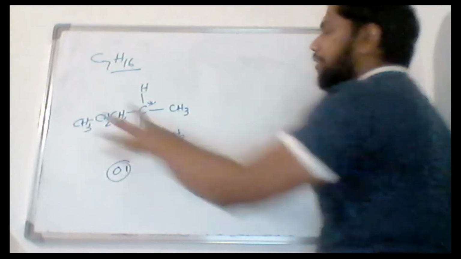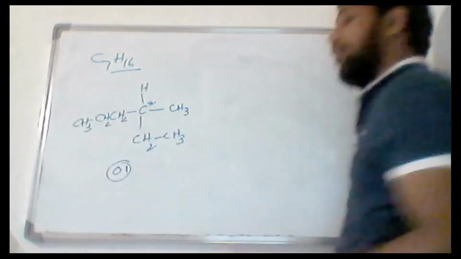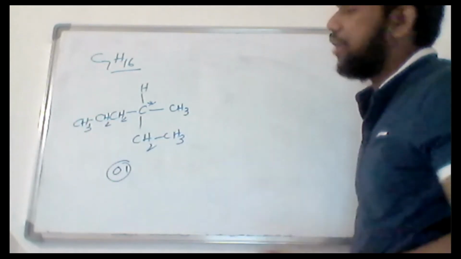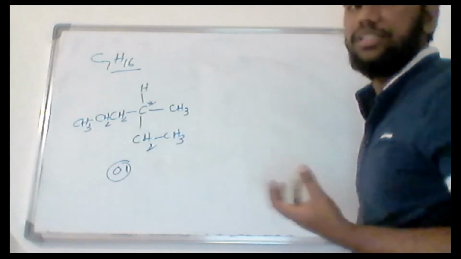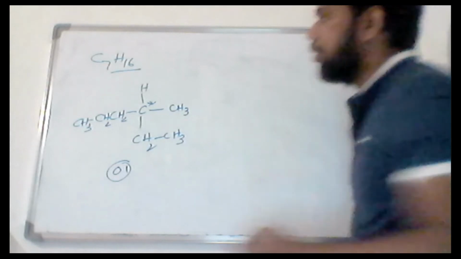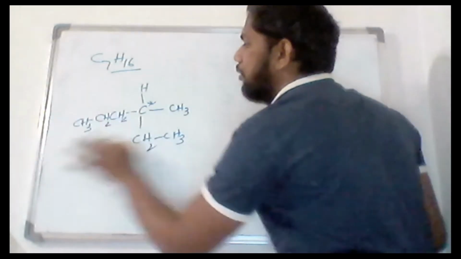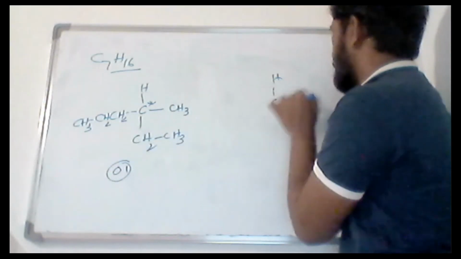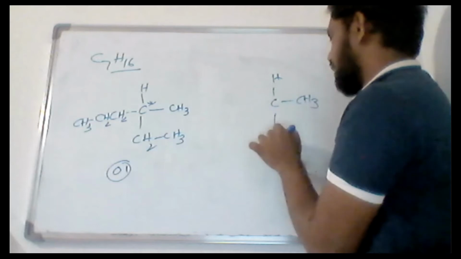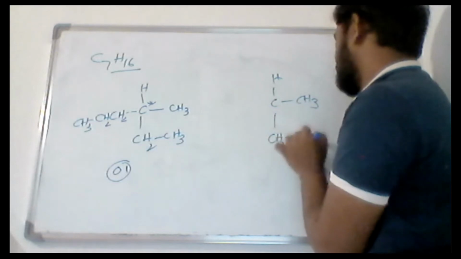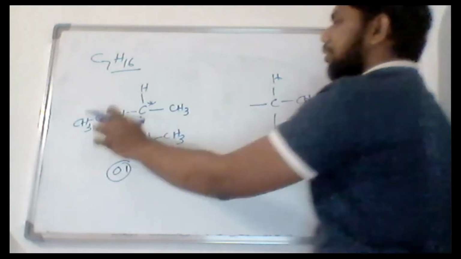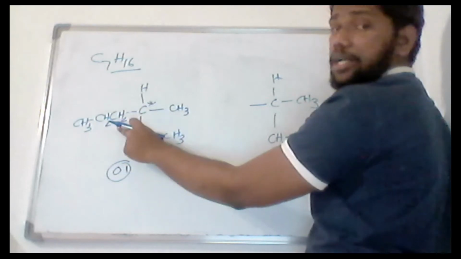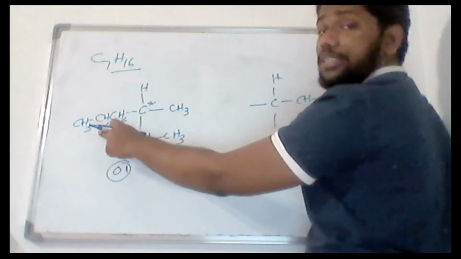But when I see this one, there are 3 carbons, which gives me the idea that if you have 3 carbons, you can change the skeleton, right? So just imagine I do something like this. I cannot change anything here. In this one, instead of this carbon connecting to the first carbon, I would connect it to the second carbon.